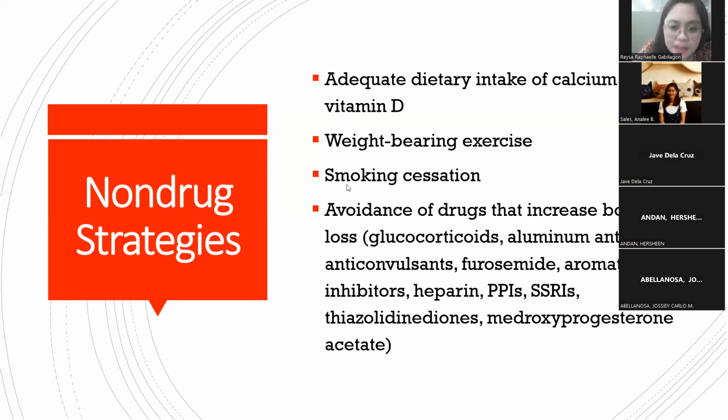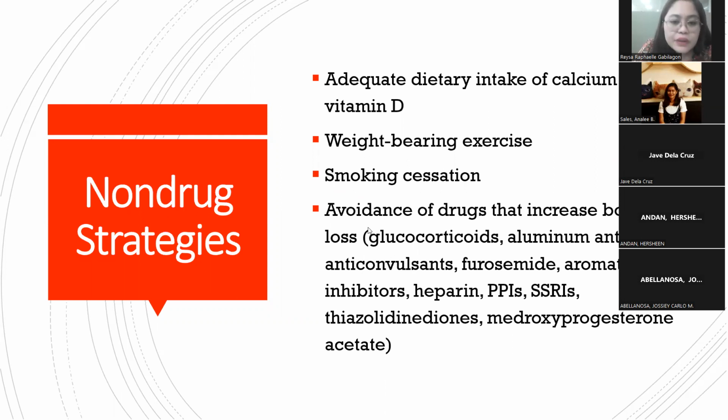And then, syempre, sabi ko kanina, smoking, nicotine plus can contribute to bone resorption, okay? Or can obstruct bone remodeling process. So please avoid as much as possible smoking, and at the same time, even alcohol. Let's just add alcohol here.